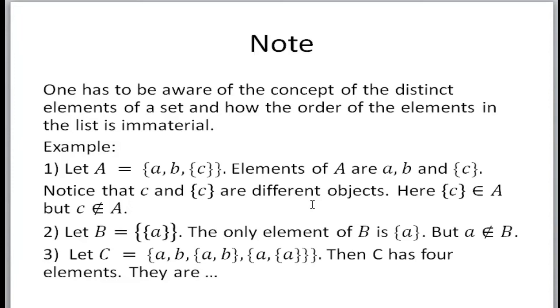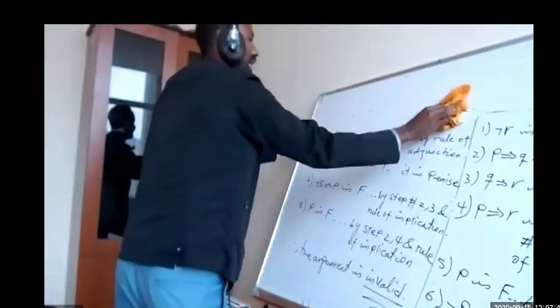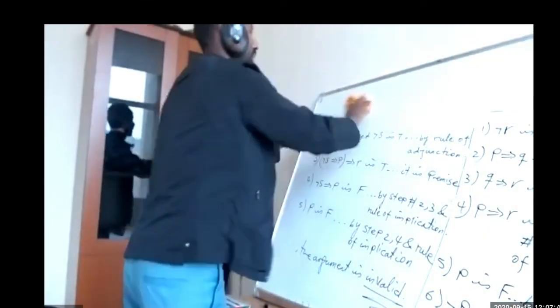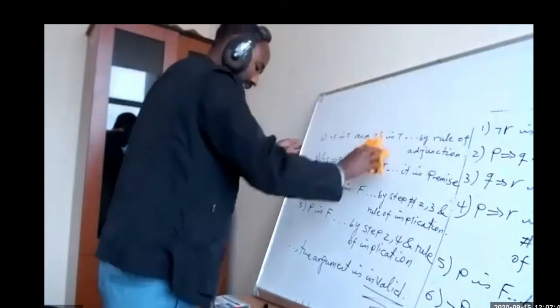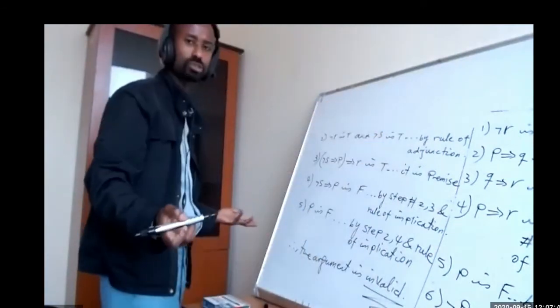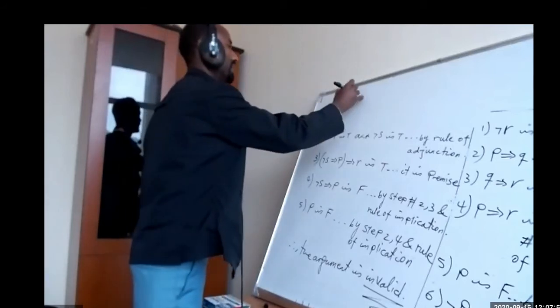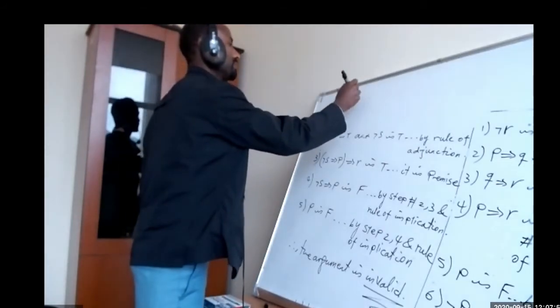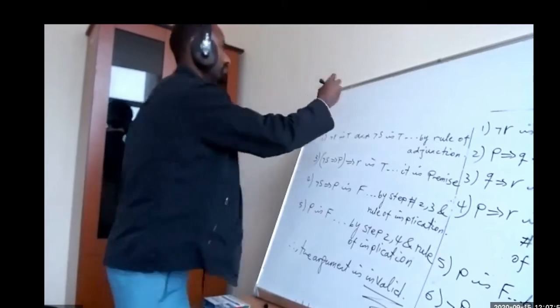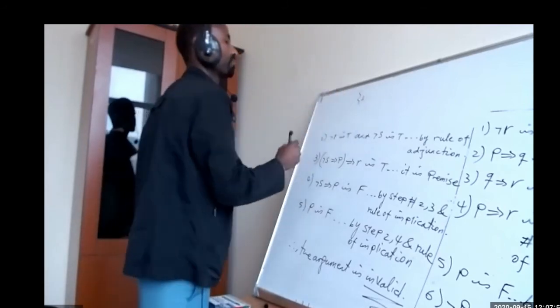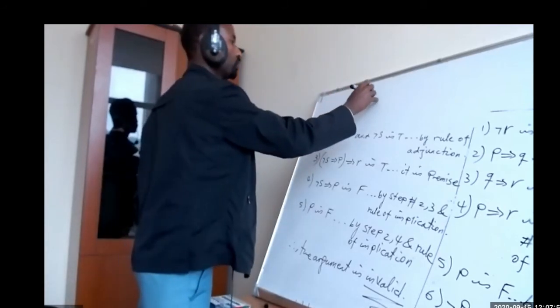The second one, let me give you an example. A set should have an opening brace as well as a closing brace. So, an opening brace, one, two.